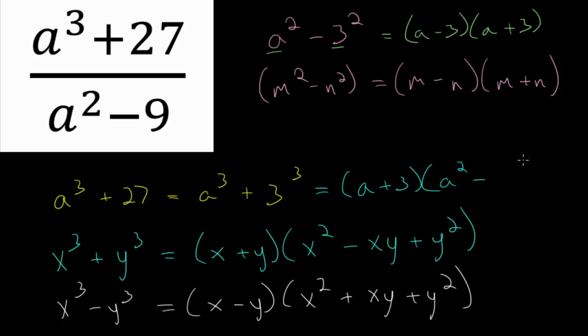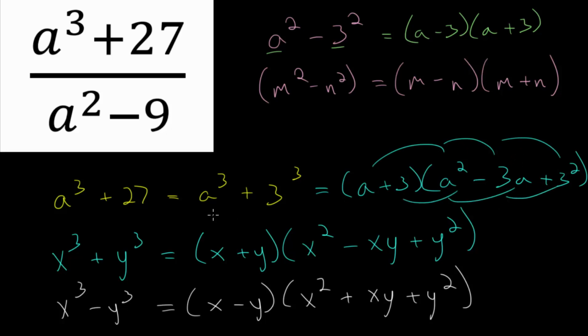We multiply the two together, ignoring the cubes, and then we square the second one. And as always, this last sign is a positive sign. And I encourage you, again, check this by redistributing. We'll do the same with the positive 3, and you can show that it is equivalent to a cubed plus 27, or a cubed plus 3 cubed.